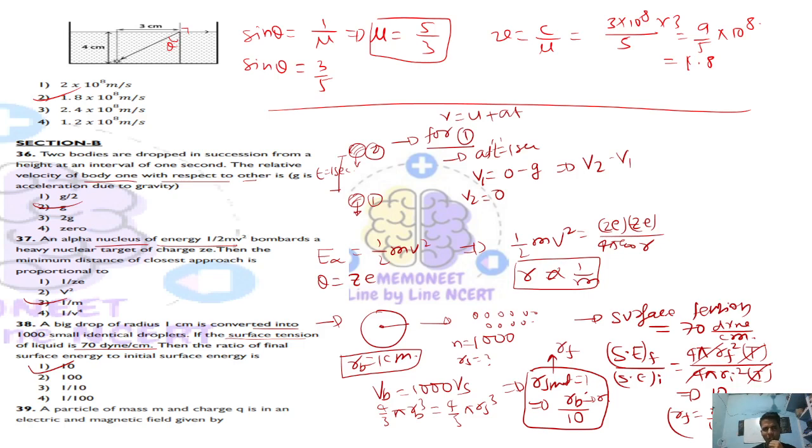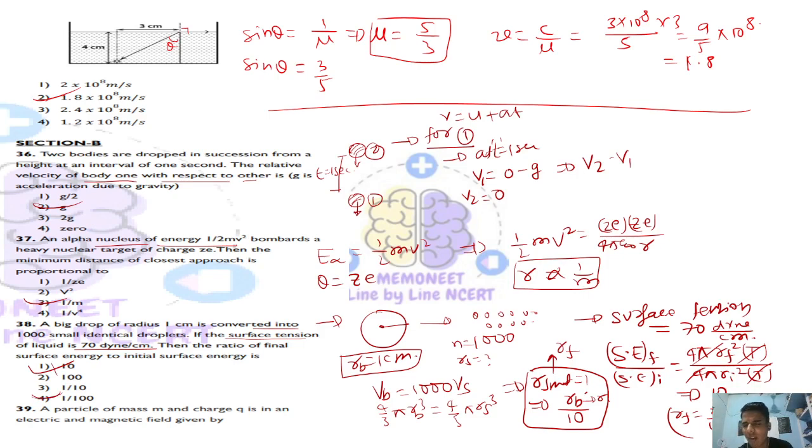Volume of the big drop equals 1000 times the volume of a small drop. Moving 1000 here, it becomes rb cube upon 1000, so it's rb by 10, and putting it here, rb by 100. I think it's coming out to be 1 upon 100.